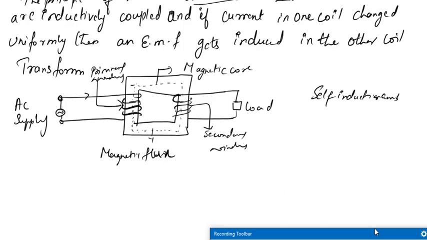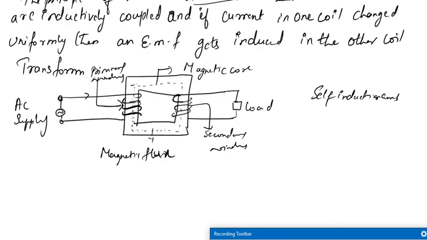Because of the primary current in the primary winding and the magnetic flux, the secondary winding coil will also have an electromotive force induced. So these two coils act as a mutual inductance, where the current from the primary has been transformed to the current in the secondary. Hence the principle is named mutual induction. So mutual sharing of EMF happens in this transformer.